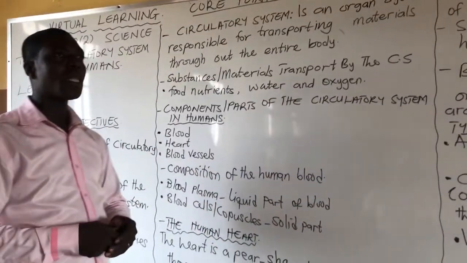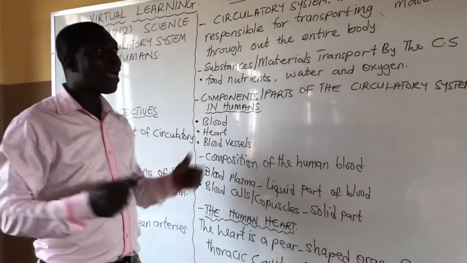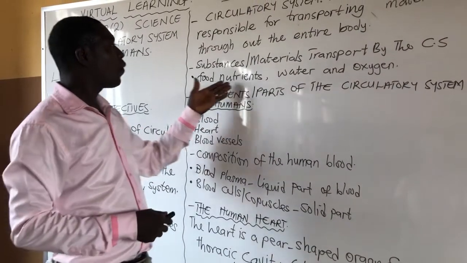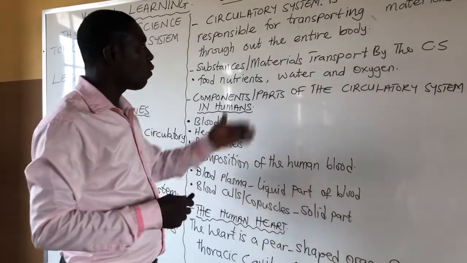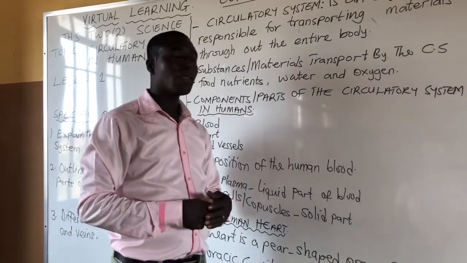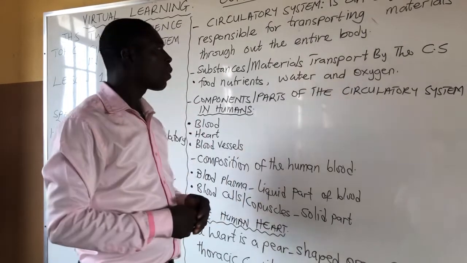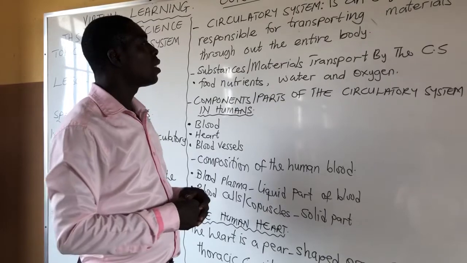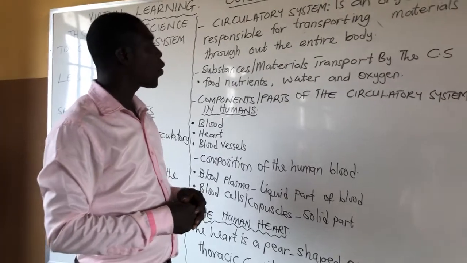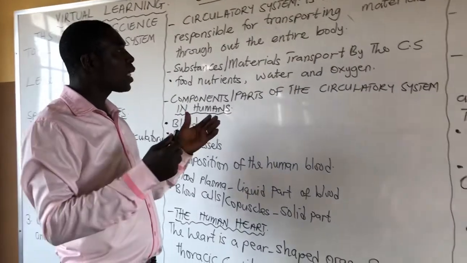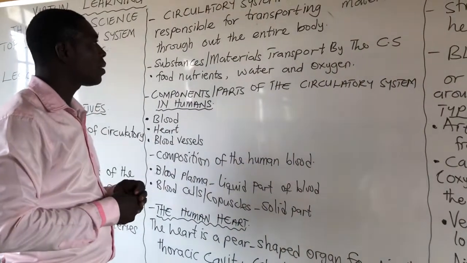Now, what are some of the materials that the system transports? We have food nutrients, we also have water, and we have oxygen or air. These are the materials or substances transported by the circulatory system.